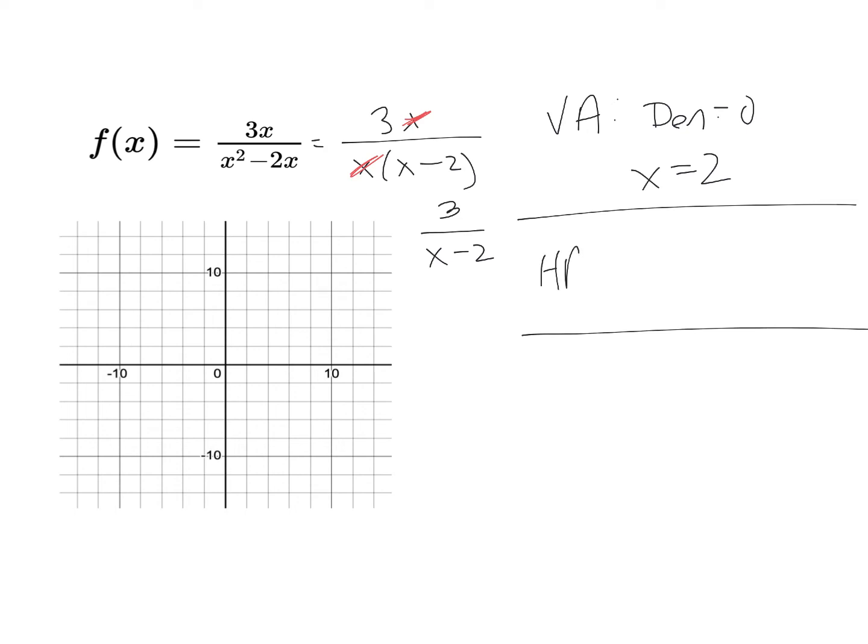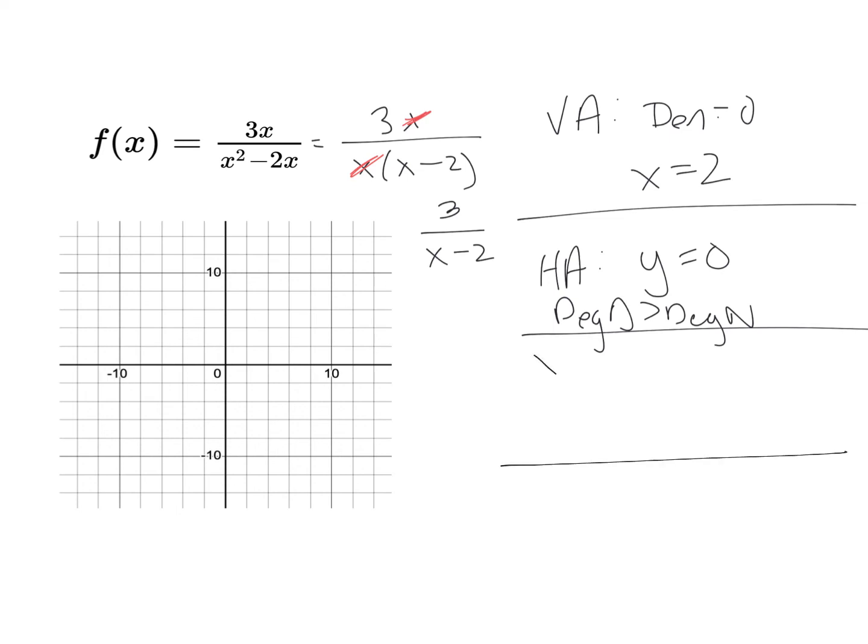Now I want to find my horizontal asymptote. Well, based on the power of the exponents, we would have immediately y equals 0, since my denominator degree is larger than the numerator degree. All right, so we want to get some more supporting points.